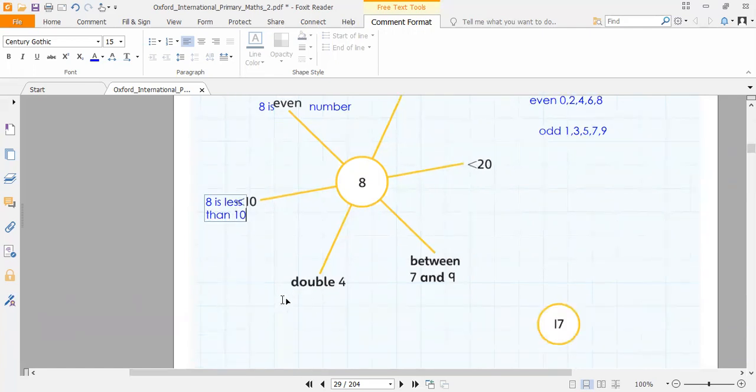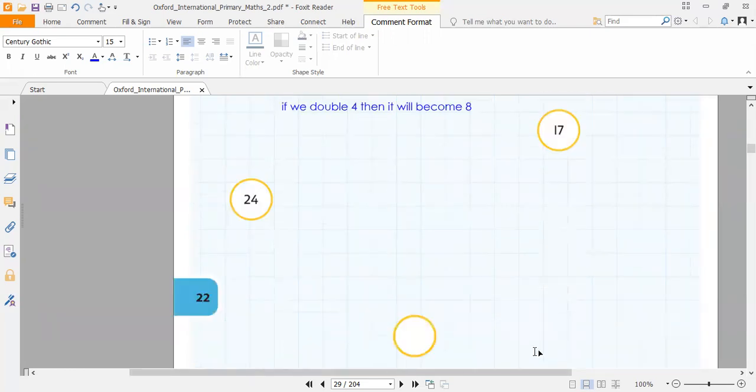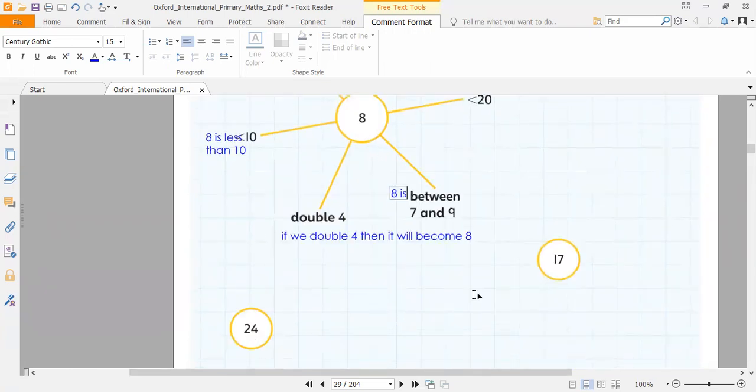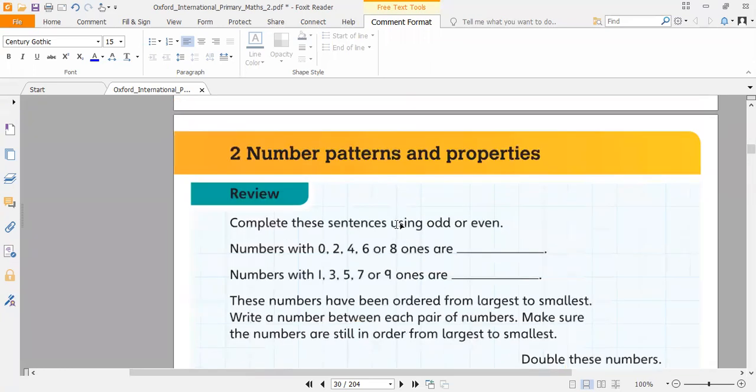Then double 4: we double the 4, then it will become 8. 8 is between... So you can also do this with 17, 24, and you can write this type of information with these numbers. Number patterns and properties.